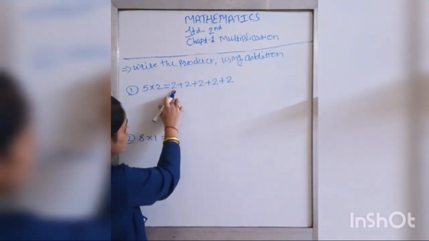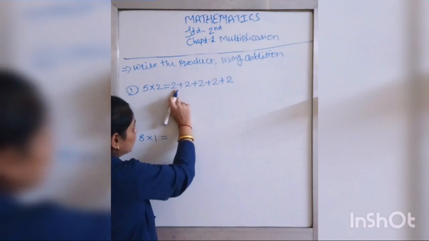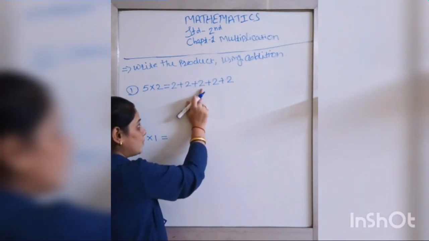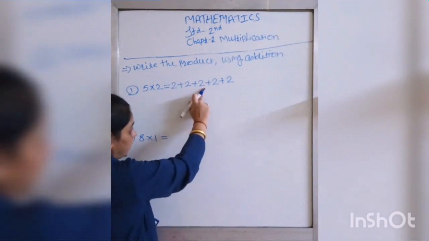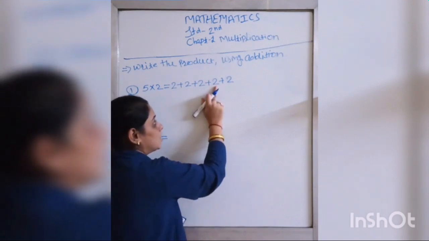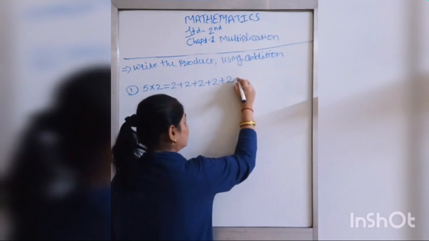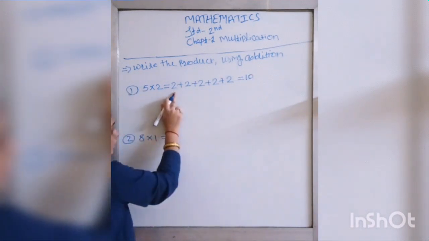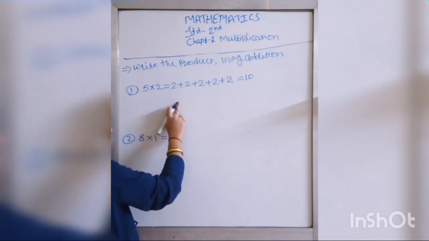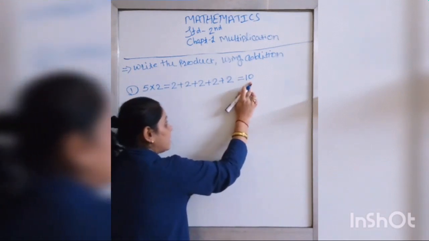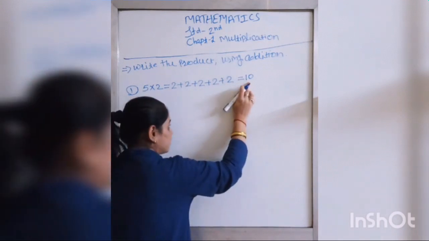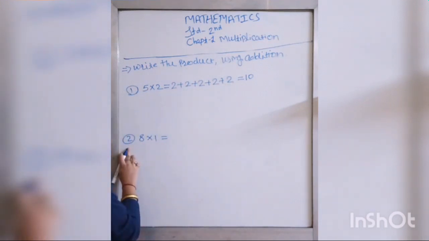So add this 2 five times. 2 plus 2 is equal to 4. 4 plus 2 is equal to 6. 6 plus 2 is equal to 8, and 8 plus 2 is equal to 10. When we add this 2 five times, we get the answer 10, and 5 twos or 2 fives is also 10.